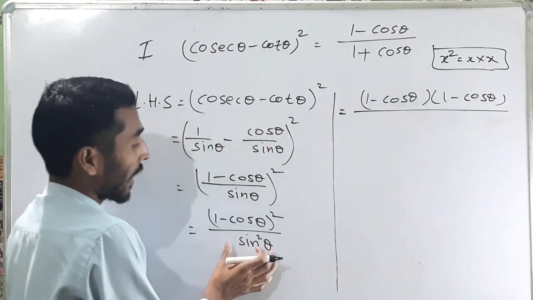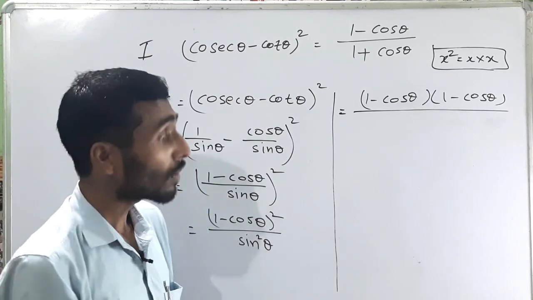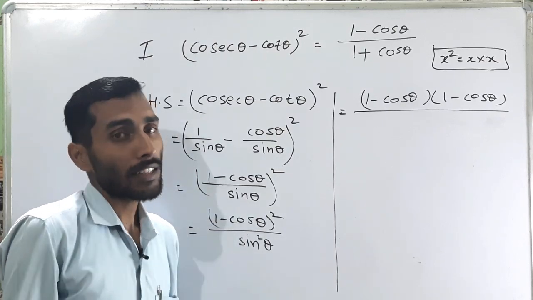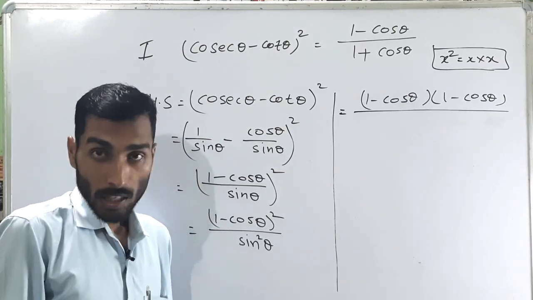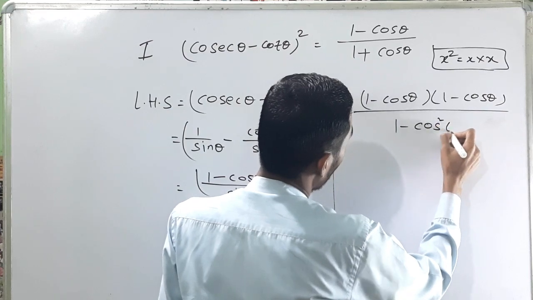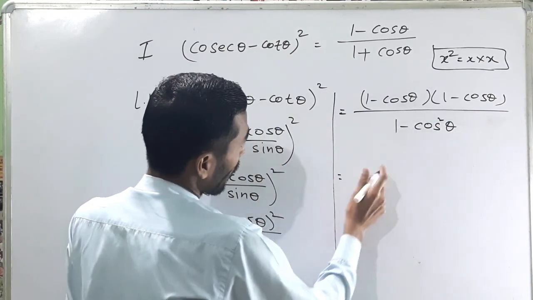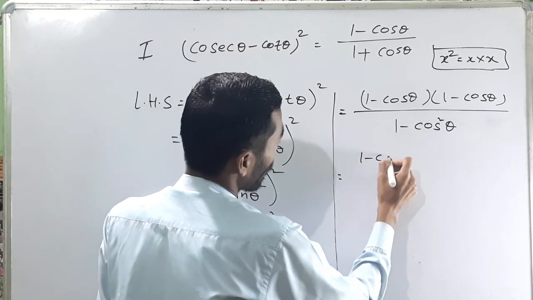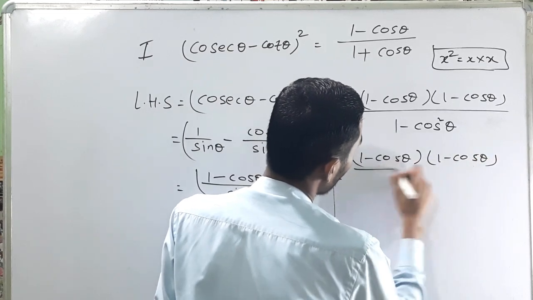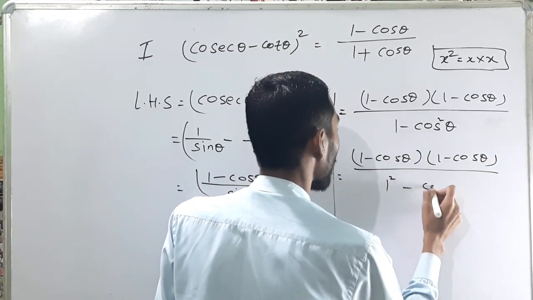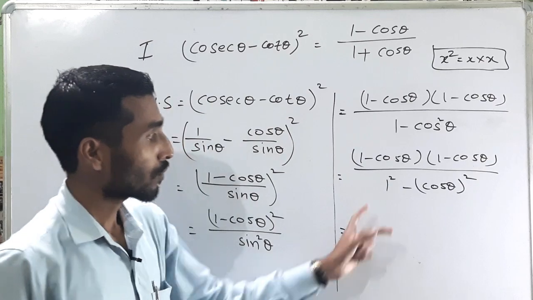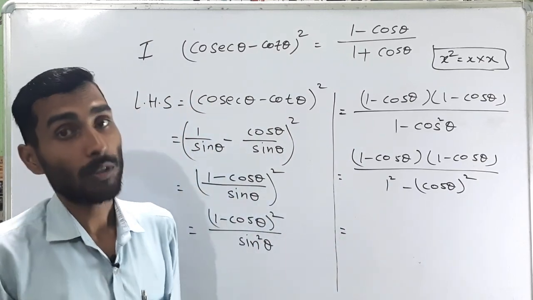And we can write sine square theta equals 1 minus cos square theta, because we know that sine square theta plus cos square theta equals 1. So this is 1 minus cos square theta, and 1 can be written as the square of 1, and you know that a square minus b square can be written as a plus b into a minus b.